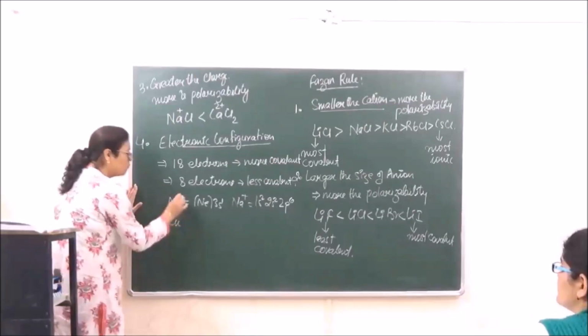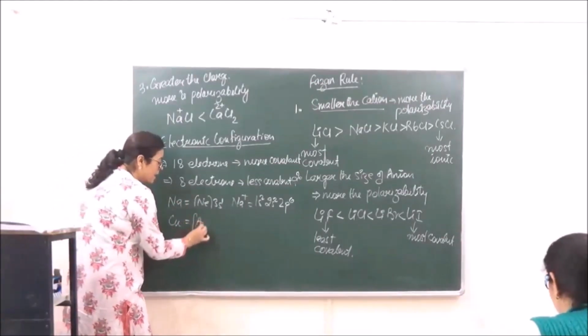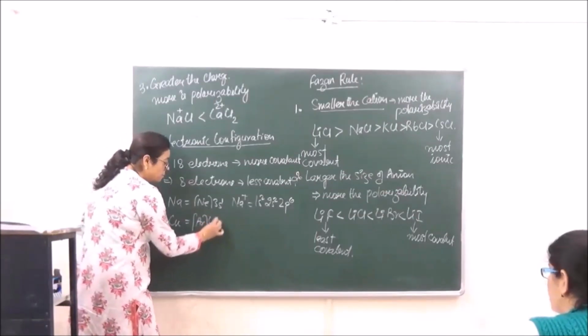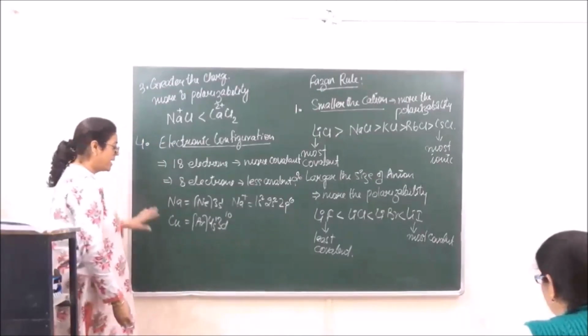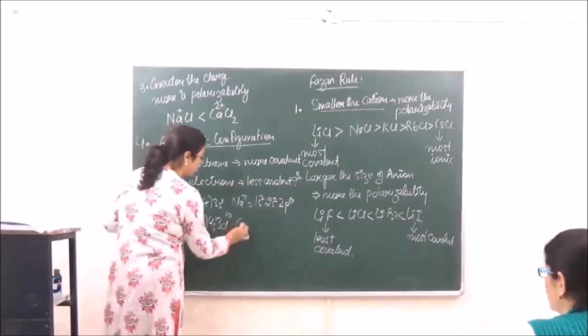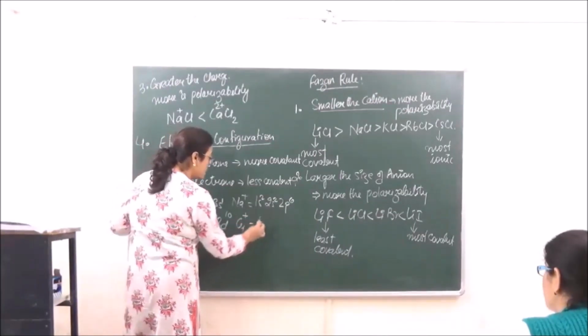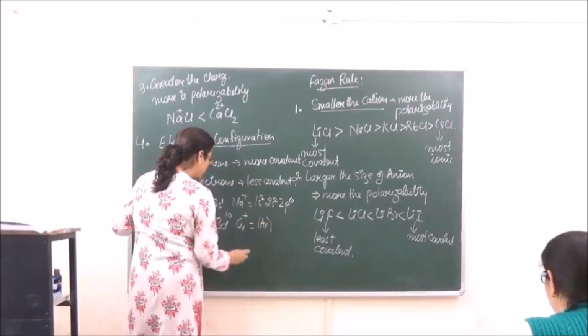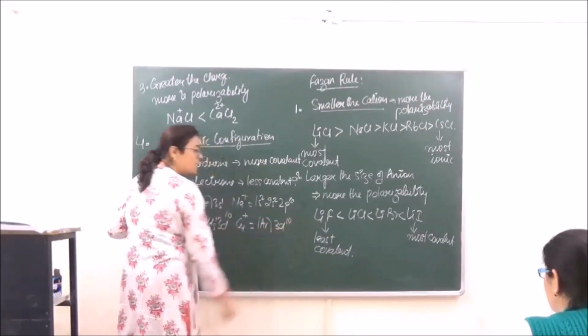Whereas when we are talking of copper, the electronic configuration of copper is argon 4s1 3d10. Okay. And if we are taking Cu positive, then the electronic configuration becomes equal to that of argon 3d10.